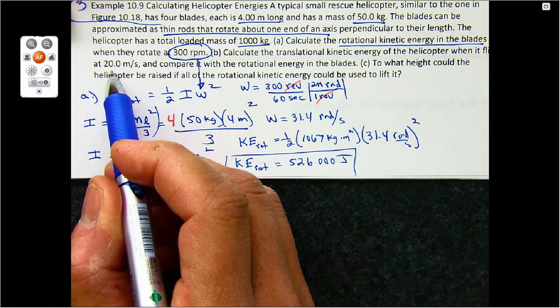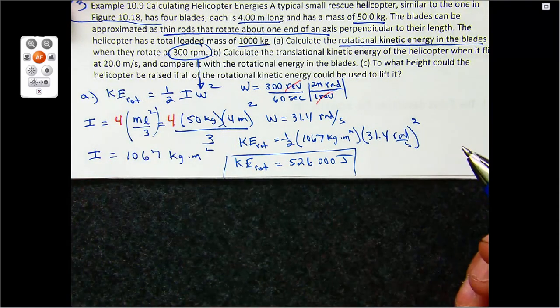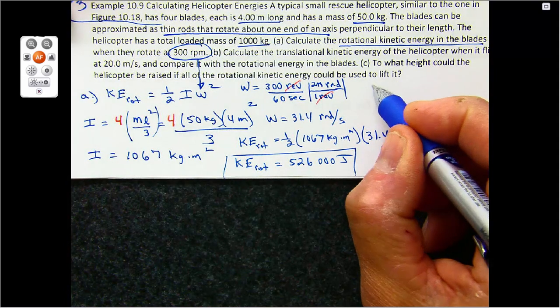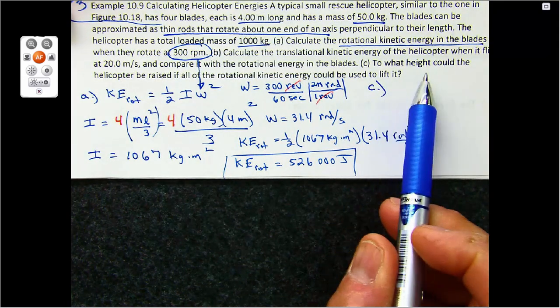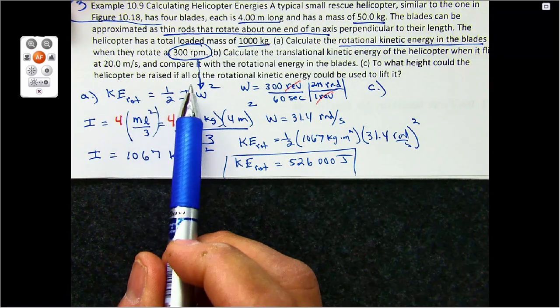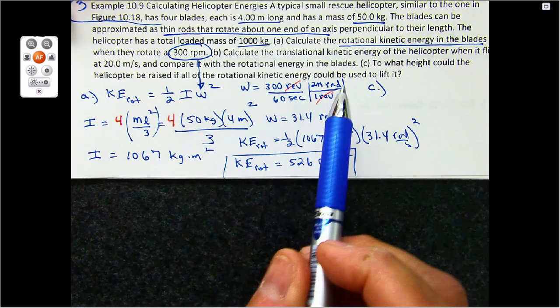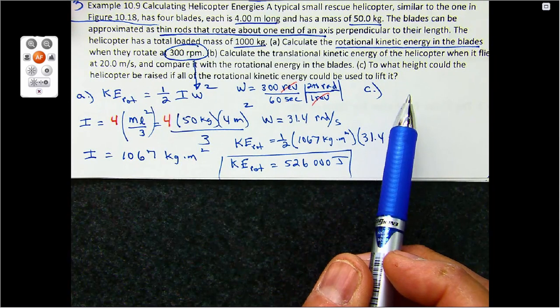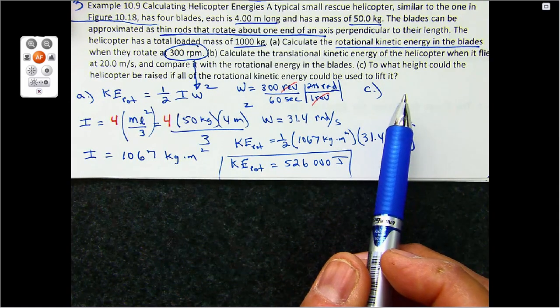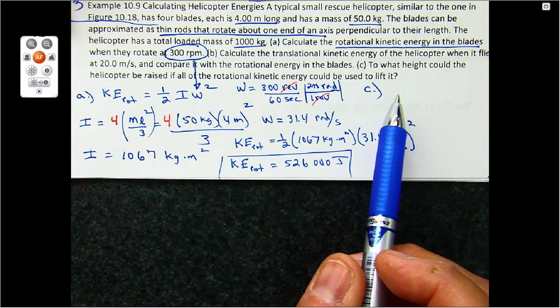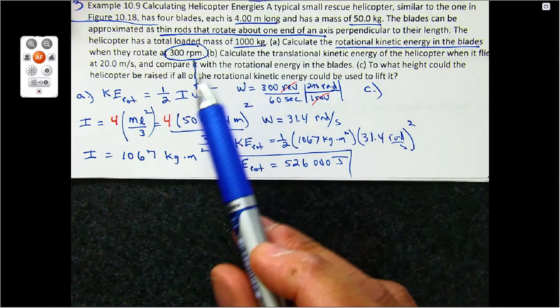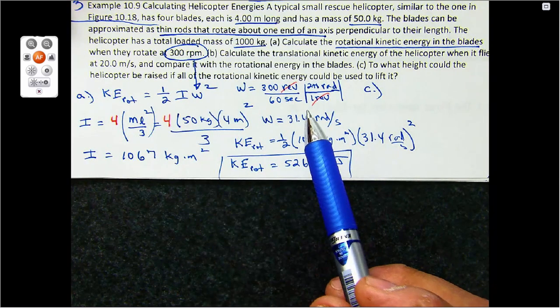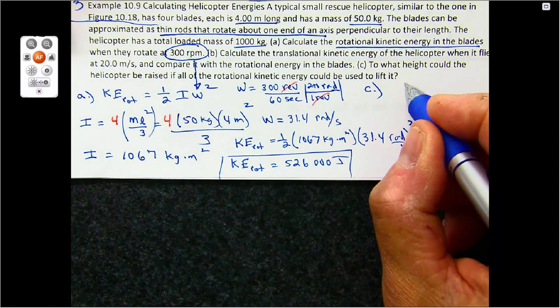The translational kinetic energy is going to be 1/2 mv squared. We're going to do C. To what height could the helicopter be raised if all the rotational kinetic energy could be used to lift it? So you're applying, we'll set this equal to mgh.